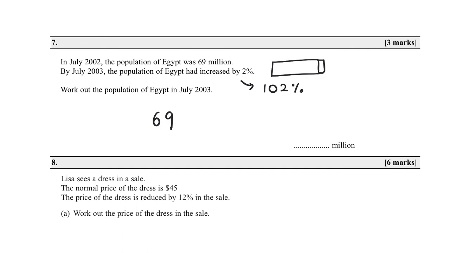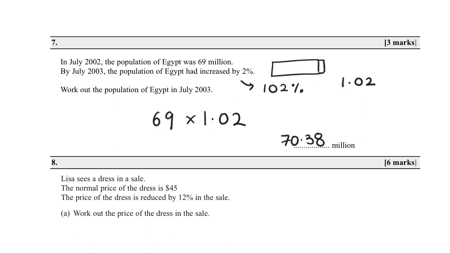Using our multiplier method, 102% as a decimal is 1.02, because we divide by 100. So an increase of 2% is the same as multiplying by 1.02. So 69 times 1.02 gives me 70.38 million.